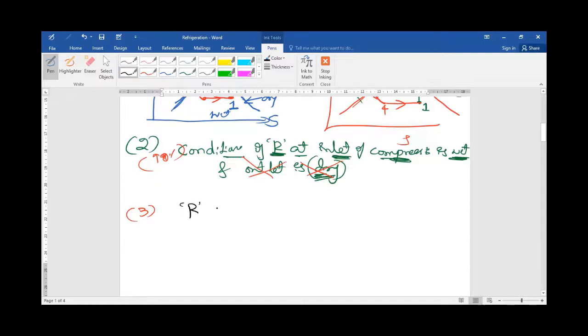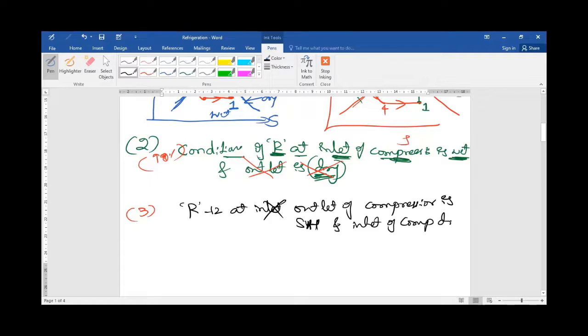The refrigerant R12 or R22, whatever may be, at outlet of compressor is superheated, and inlet of compressor is dry. At inlet of the compressor it is dry, outlet of compressor it is superheated. Then how to draw the TS diagram?